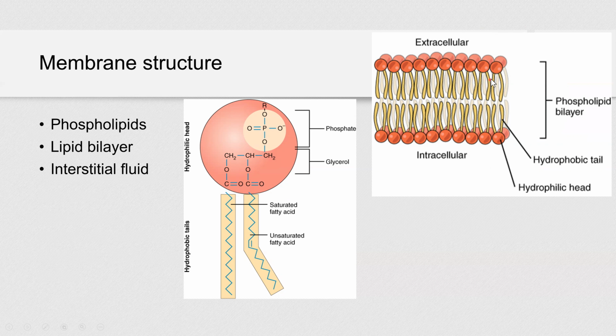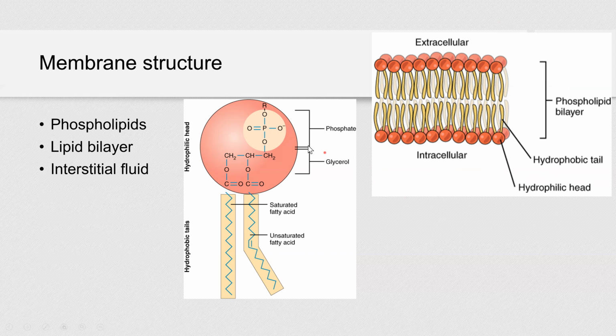Animal cells especially must be surrounded by fluid, otherwise they will die. And cytoplasm is also mainly water. So we have fluid on both sides of this phospholipid bilayer.